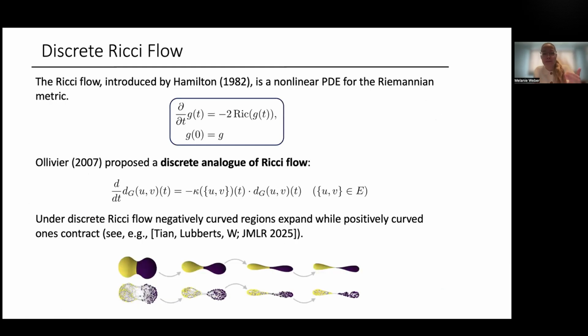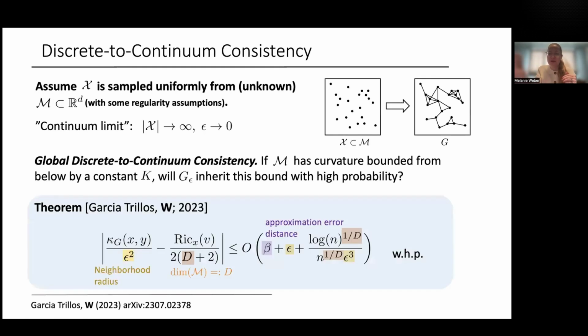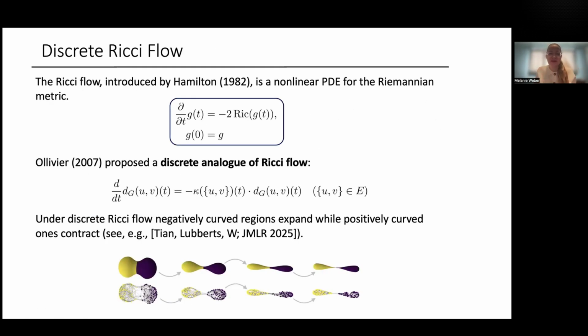And before we get to the application, or why this tool allows us to learn something about feature geometry, let me put one more slide here to briefly define the Ricci flow. The Ricci flow is associated with Ricci curvature.